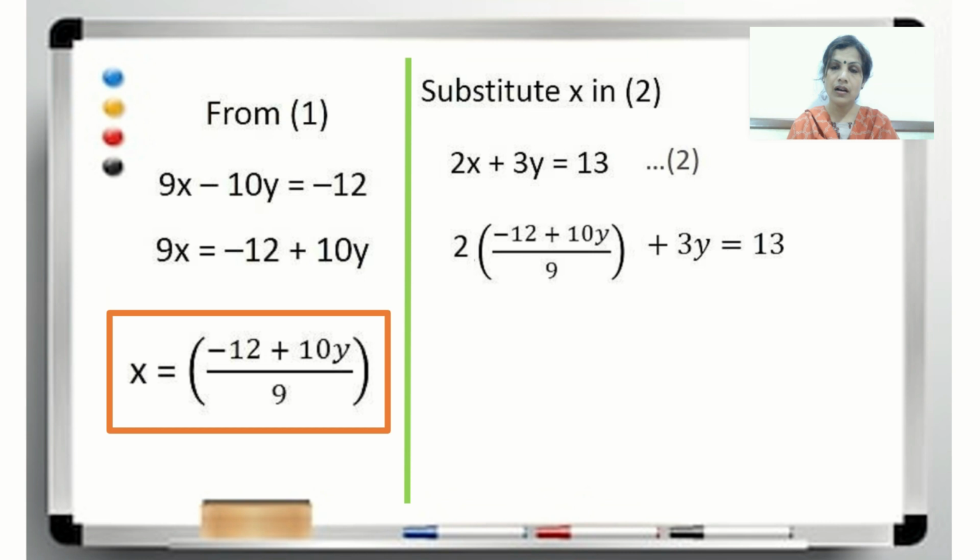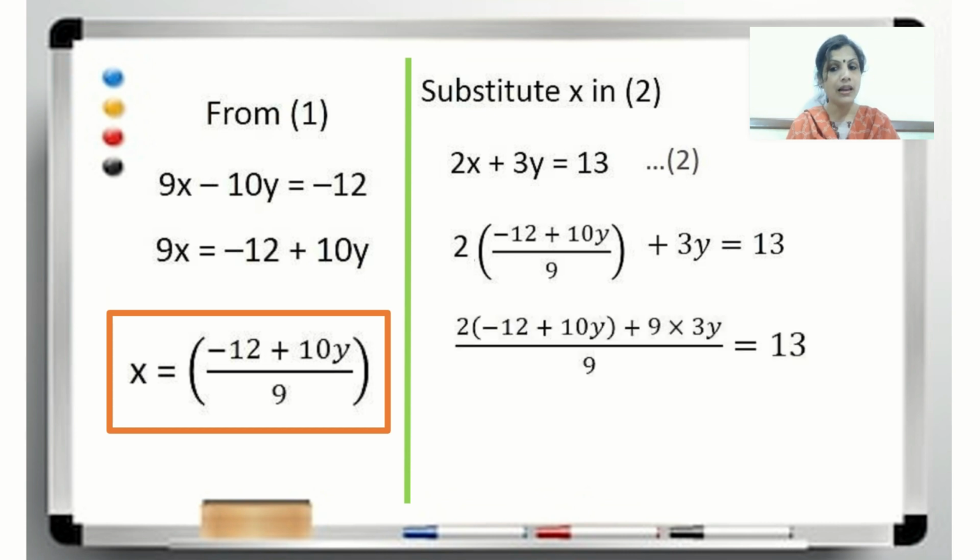Now you will see that we cannot cancel anything. So what do we do? We will multiply 2 with the bracket and it will solve it. So 2 in the bracket minus 12 plus 10y plus, we'll cross multiply this 9 into 3y upon 1, so 9 into 1 will be 9. So we have solved it by cross multiplication and it is equal to 13.